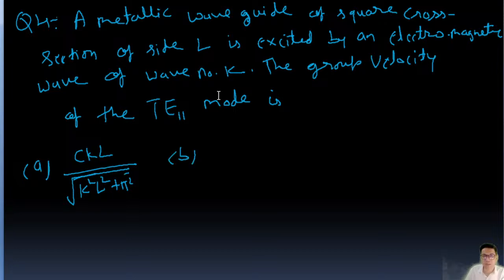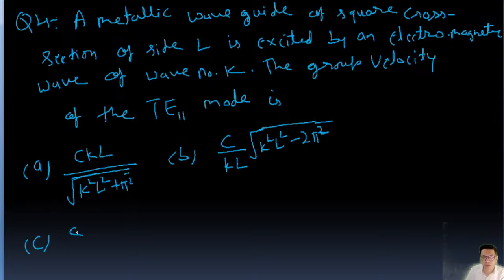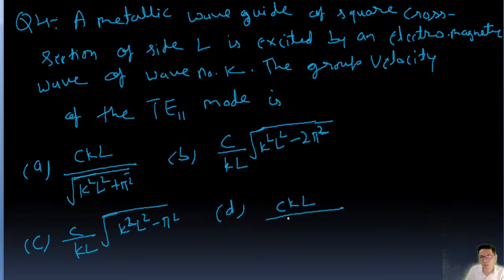Option B is c upon k L root k square L square minus 2 pi square. Option C is c upon k L root k square L square minus pi square. And option D is c k L upon root k square L square plus 2 pi square.